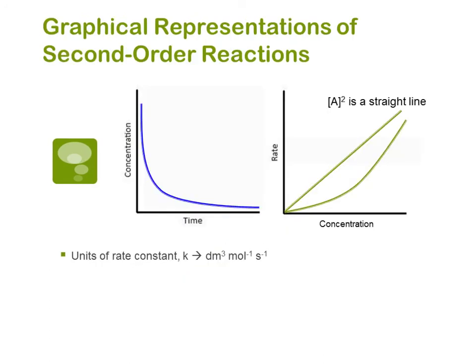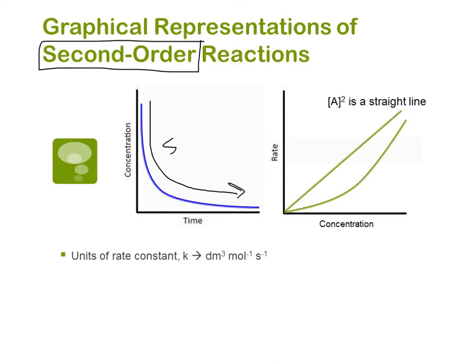The last type of graph that we need to talk about are second order overall reactions. They look a lot like first order reactions, decreasing curve, but the curve is much steeper than for a first order reaction.